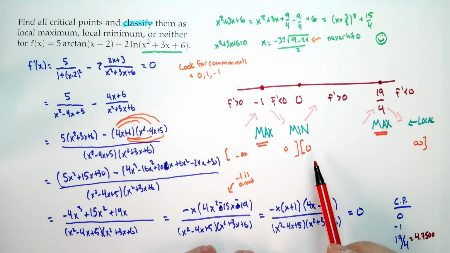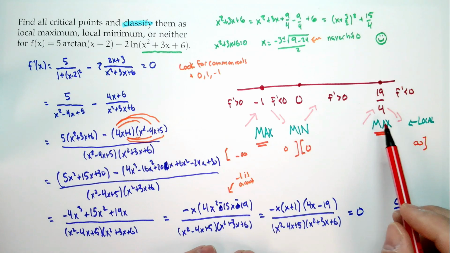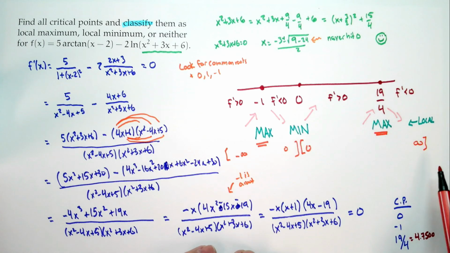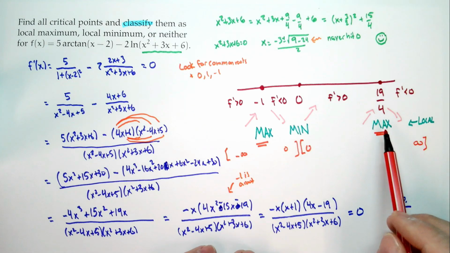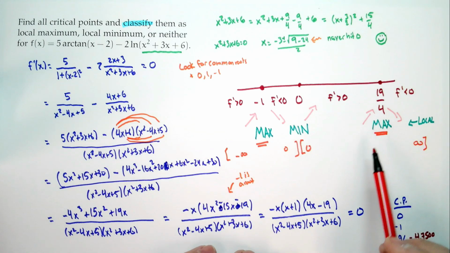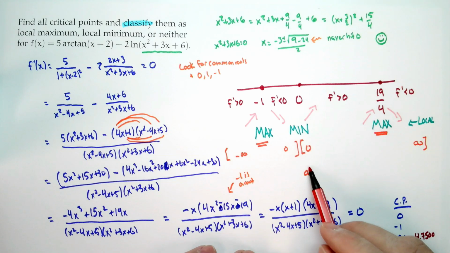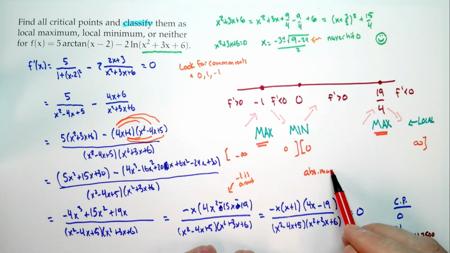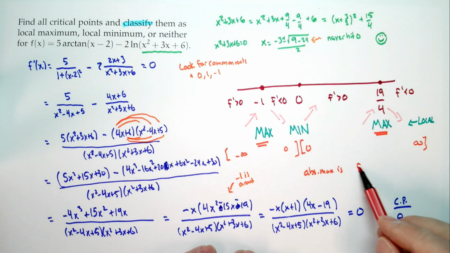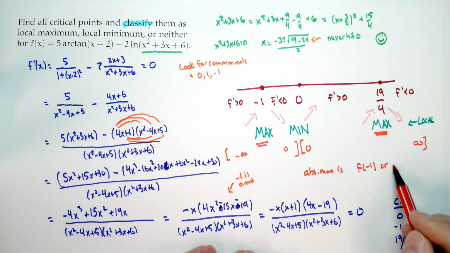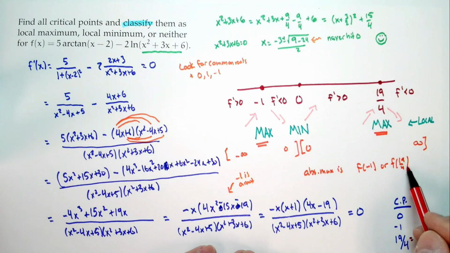Why? Well, because from 0 up to 19/4 I'm going up, and from 19/4 to infinity I'm going down, and therefore the largest point is at 19/4, which means the absolute max is one of either f of negative 1 or f of 19/4. Now, I don't know which, but I can be confident that that's the answer.